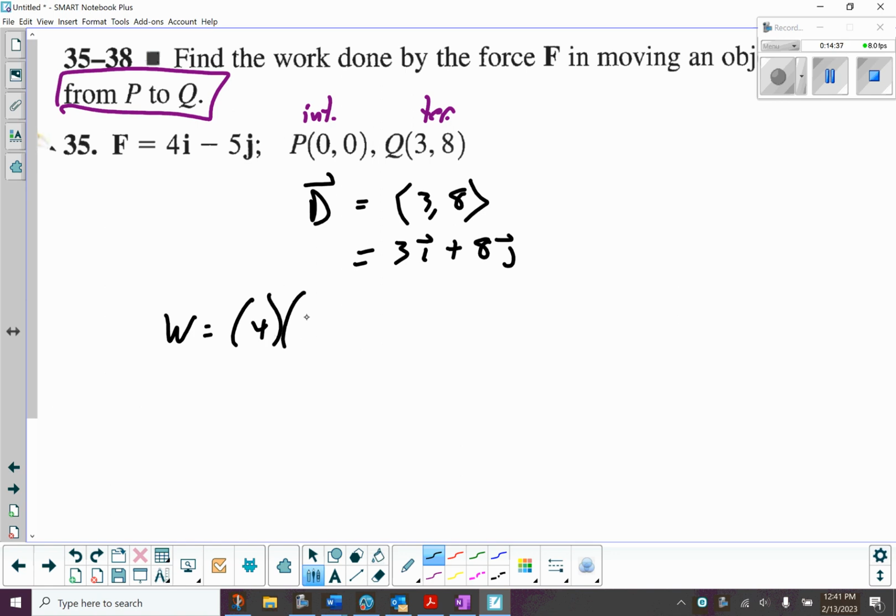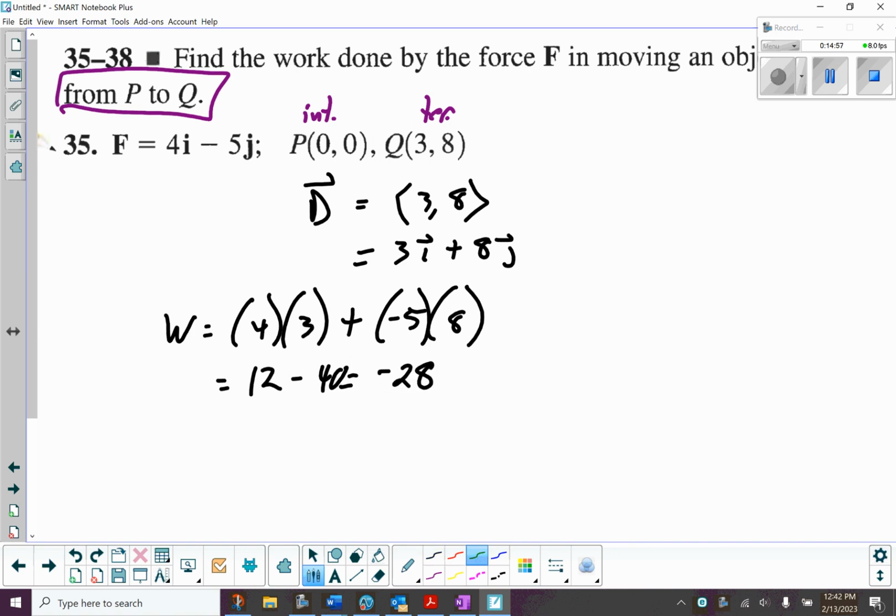So we'll take 4 times 3 plus negative 5 times 8. 12 minus 40 will give us negative 28. Now again, the dot product should be just a single value, okay? Not another vector.